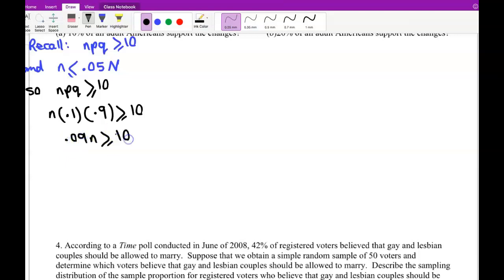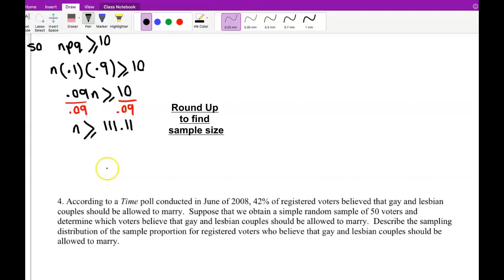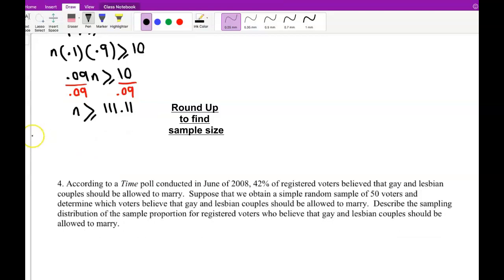Now finding n. So n is greater than or equal to 111.11. What that means is we need 112.